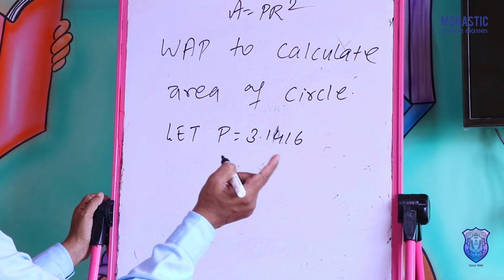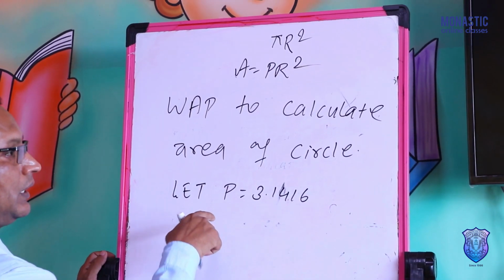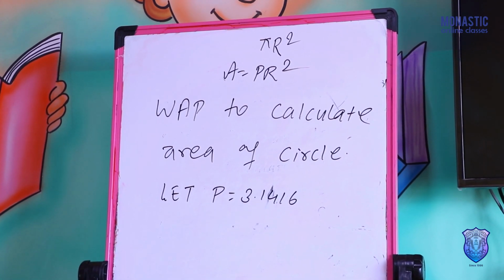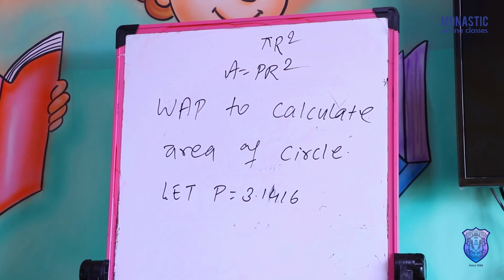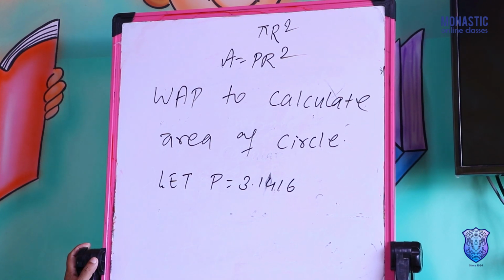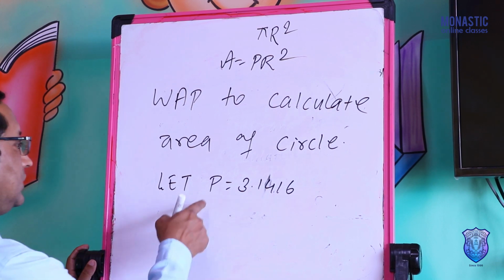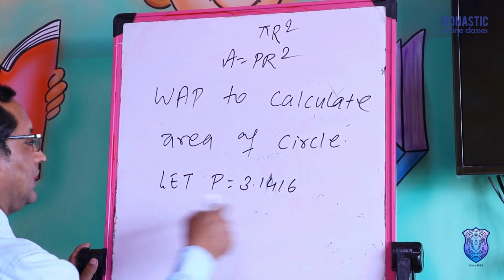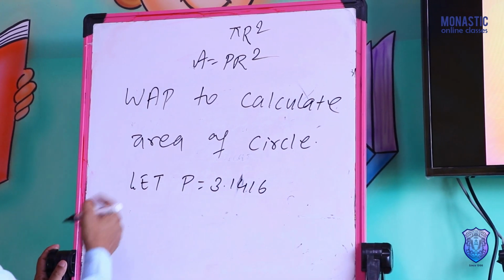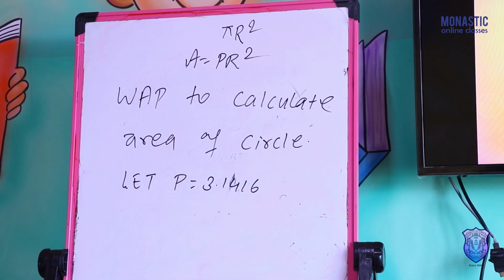Even when you write the program by asking value, it doesn't mean that you can't use LET. Any statement you can use anywhere according to what is required. I told you in the beginning, LET is optional. You can directly use P is equal to 3.1416.